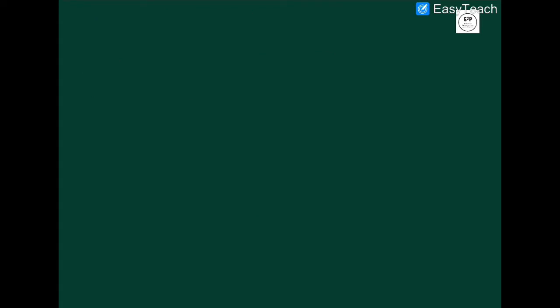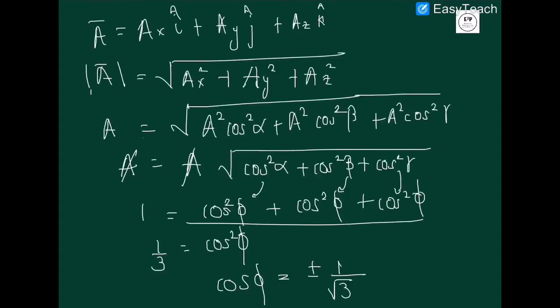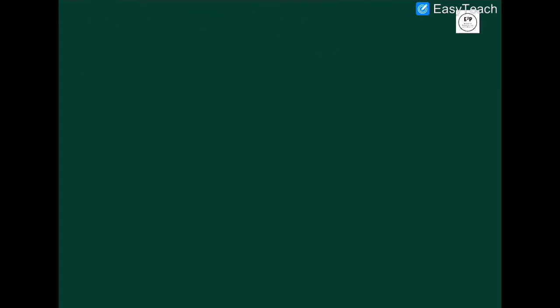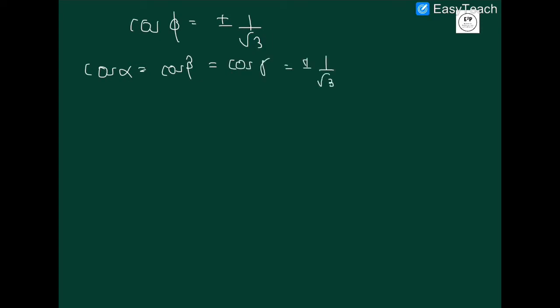Now, from the previous page I can show that cos phi has a value plus minus 1 by root 3. So we have the value of cos alpha equals cos beta equals cos gamma equals plus minus 1 by root 3.